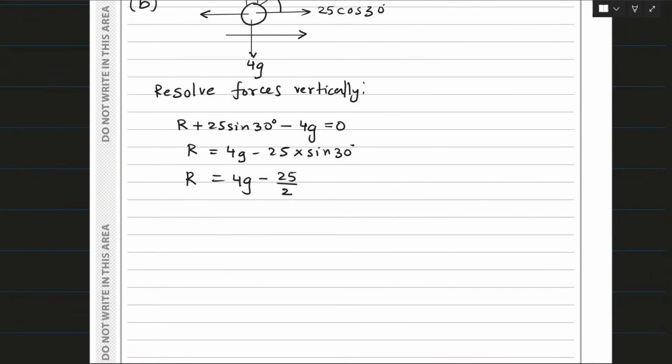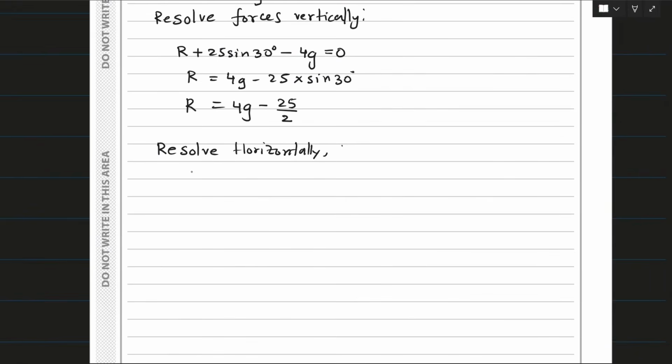So we use Newton's second law and resolve the forces horizontally. We know that the resultant force is equal to mass into acceleration.